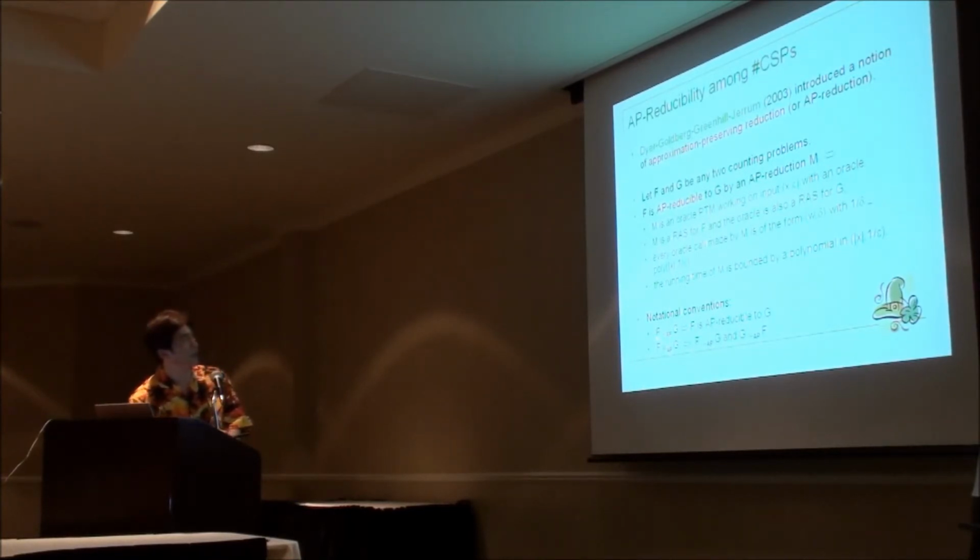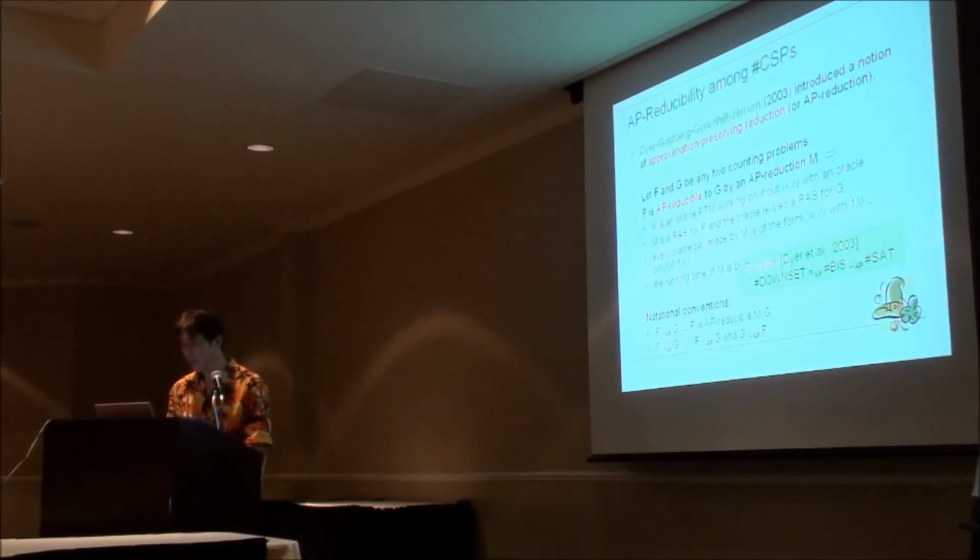In that case, we draw the notation like this. It's pretty much the same as the standard Turing reduction. They proved that #Downset, the counting version of the downset problem, is equivalent under this AP reduction to the counting version of bipartite independent set, and those are actually reducible to #SAT. It is not known whether the opposite reduction actually holds.